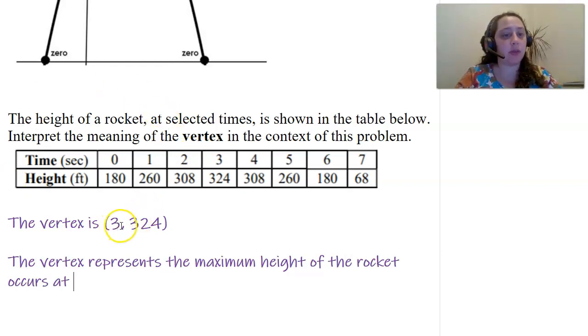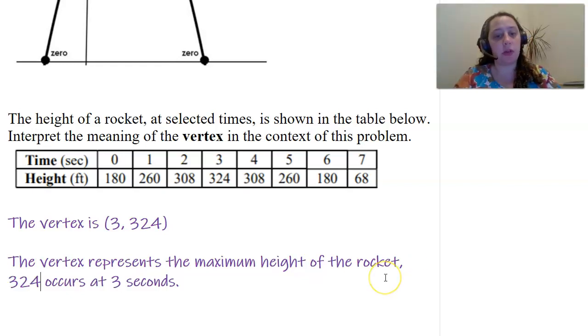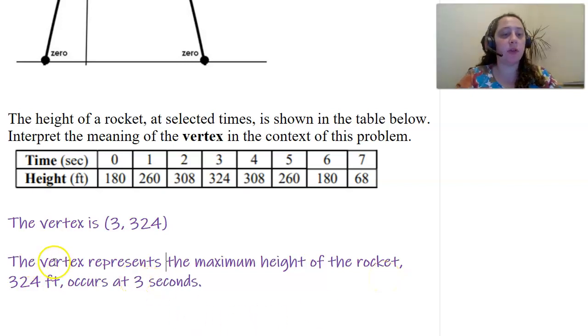The time is 3 seconds. And we should include that value. What's the maximum height? We're going to include it as a positive, so comma 324, and our units are feet. The vertex represents the maximum height of the rocket, 324 feet, occurs at 3 seconds.